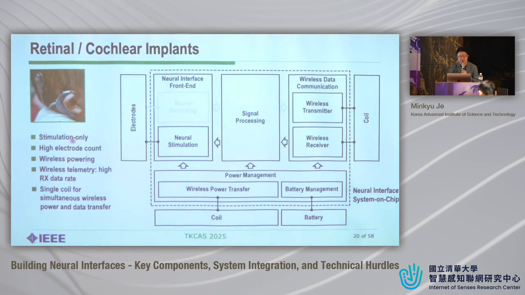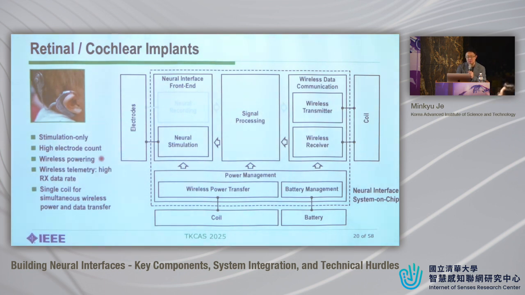The traditional device is based on stimulation only. And to provide a more natural and more sophisticated sensation, they are evolving toward higher electrode count. So the old device has a low electrode count, but they are increasing the number of electrodes more and more.